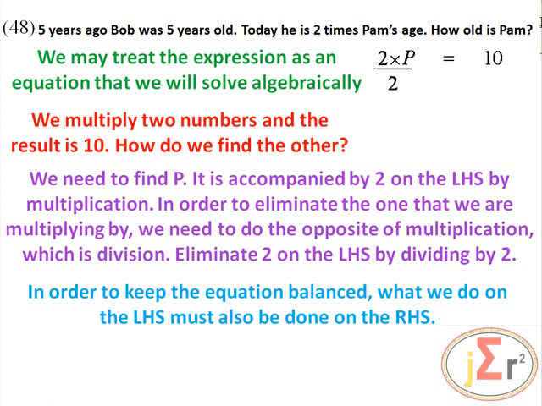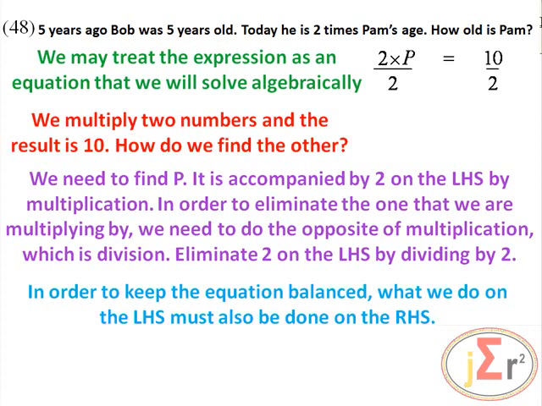Right. So let us divide by 2 on the right hand side also. We need to eliminate 2 by dividing. Why? Because it is multiplying P, and we need to find P. To eliminate the 2, we must do the opposite of multiplication.